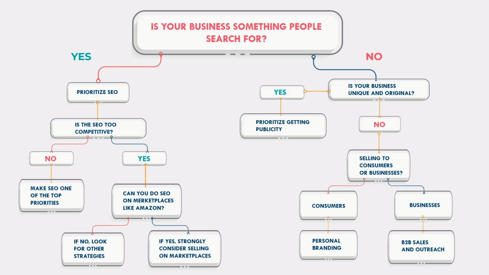Now, this is a rough, high-level mind map that you can create for yourself to see and test, well, what is going to work from my unique situation? And this is just the beginning for us. I made this especially so that you can start thinking.